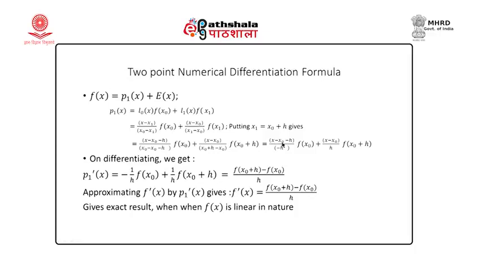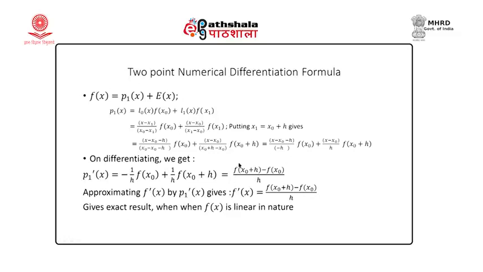Derivative of x is 1, x0 and h give derivative 0. So, we get minus 1 upon h f(x0), plus similarly the derivative of the second term, f(x0 plus h), is a value at the point upon h as it is, and the derivative of x minus x0 is 1 minus 0, so 1. So, 1 by h f(x0 plus h), and so it is (f(x0 plus h) minus f(x0)) by h.